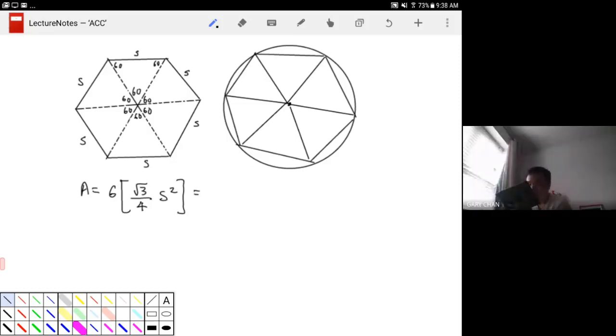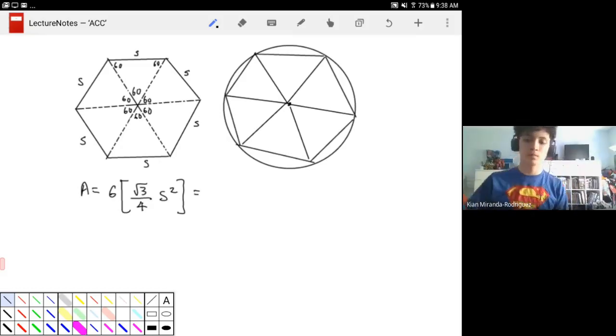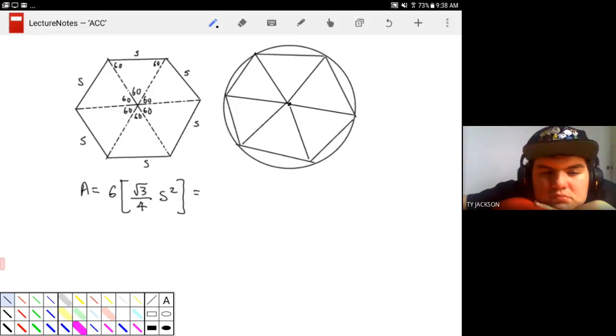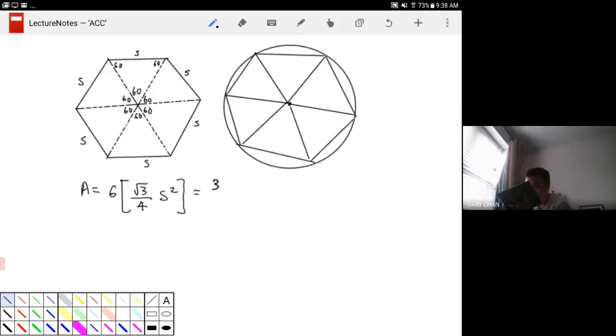So the area of a regular hexagon, and it doesn't matter what the side length is, because that's the formula. We can simplify this just a little bit. Is there a common factor between 4 and 6? Yeah, 2. So this becomes 3 radical 3 over 2 times s squared. This is the area for a regular hexagon.